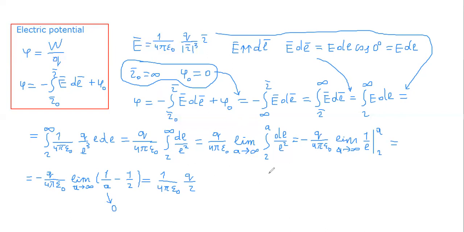So if for example we have infinite charged line or infinite charged plane, we have to use some other values for R0 and Phi0.